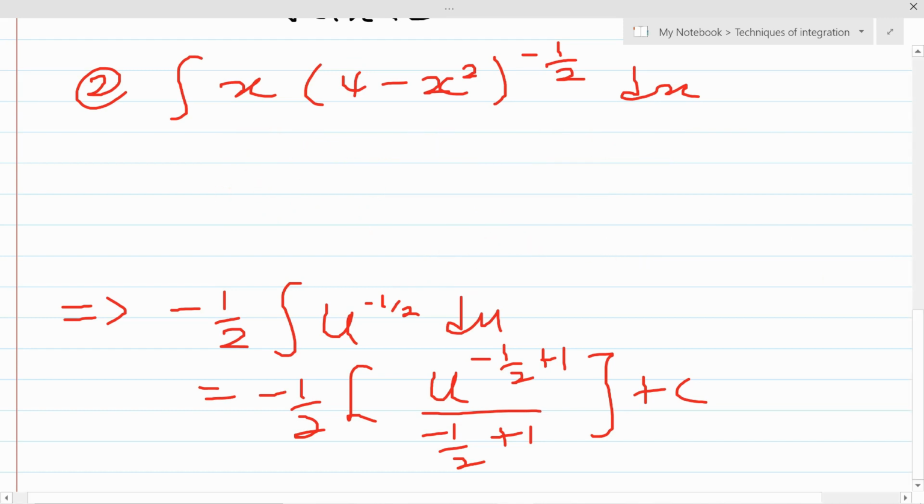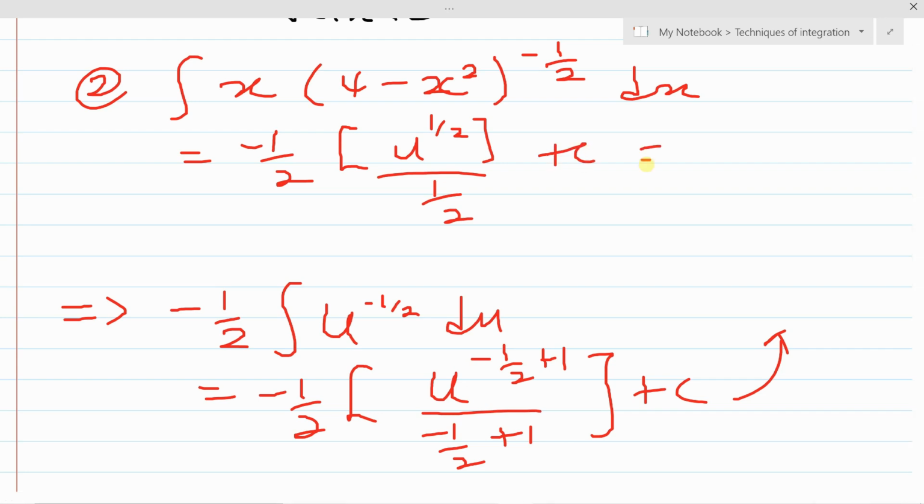Alright, so this integral will be equal to, I'm just writing this to the top, negative half, then u to the half, over half as well, plus c, and this whole half here can take this half out, so you get something like negative u to the power half plus c.